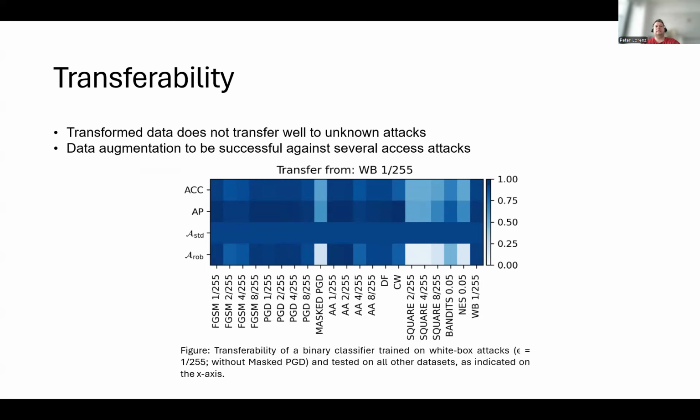We can see that yes, the augmentation of training data helped a bit when it's the same attack method, but with larger epsilon sizes. But for unknown attacks, this defense method is not successful, and this should be our fault, and it still shows the strength of the adversarial attacks.